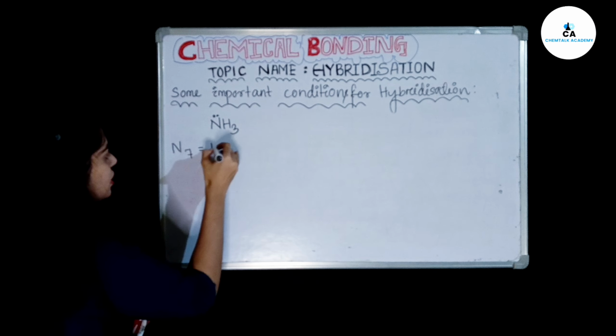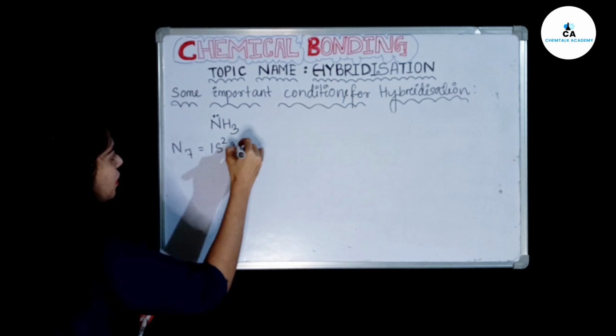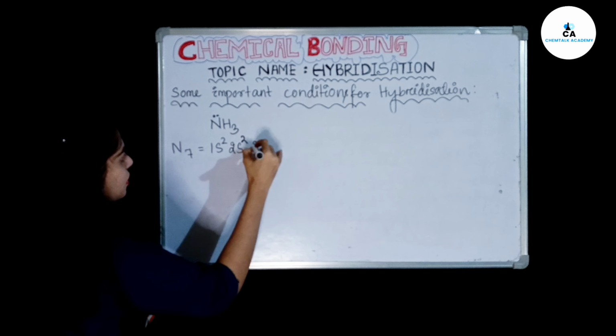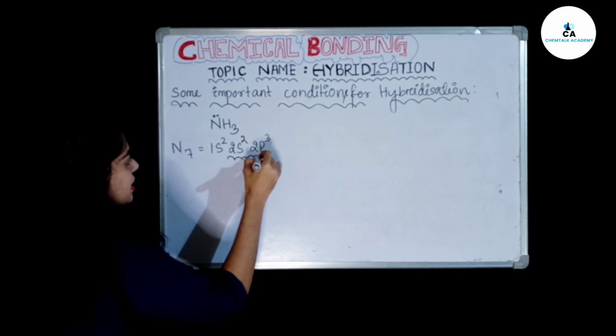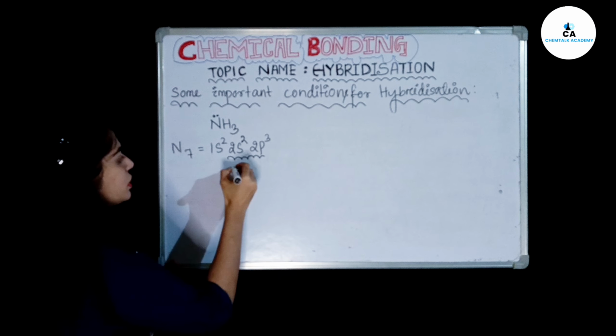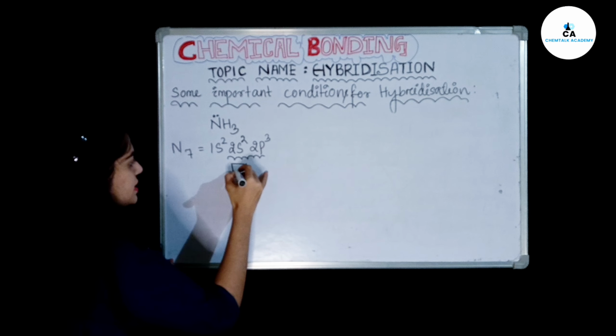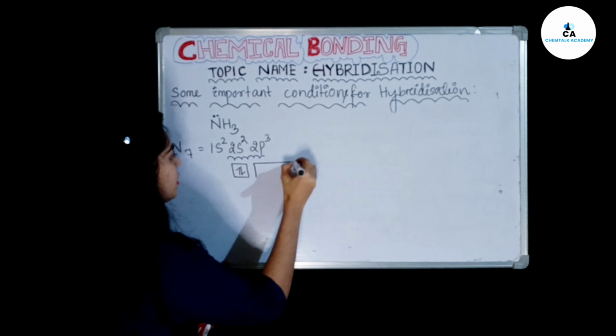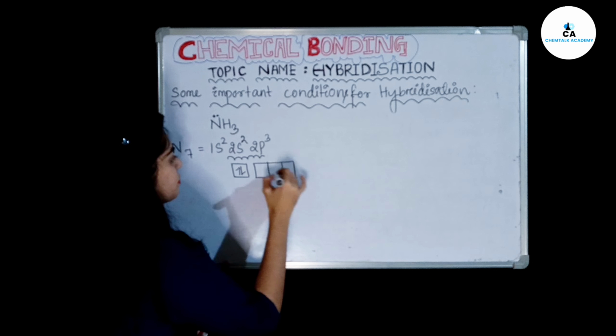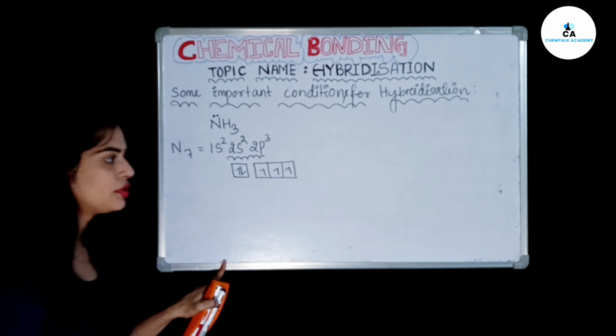Electronic configuration 1s2, 2s2, 2p3. Now which one is the valence shell? The second shell is the valence shell. How many orbitals are present in the valence shell? s and p. In the s orbital there are 2 electrons, and in the p orbital there are 3 electrons.